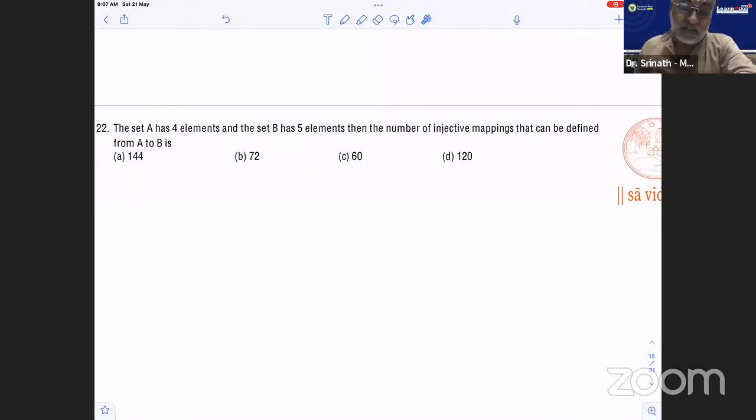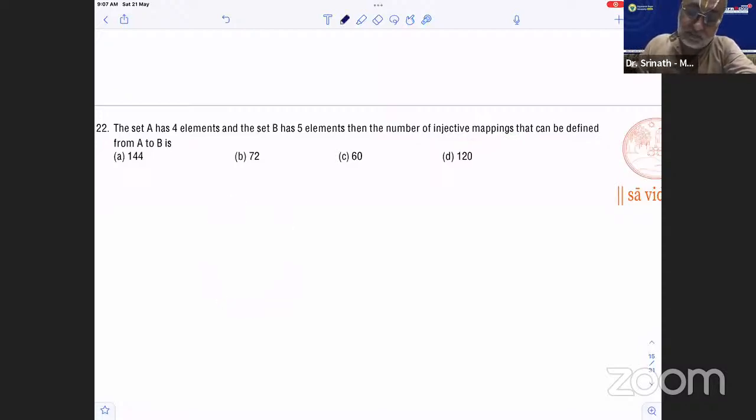A set A has 4 elements and set B has 5 elements. When I talk about injective mappings, the number of one-one functions possible is something like this.